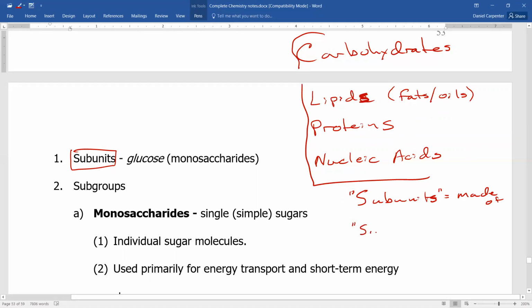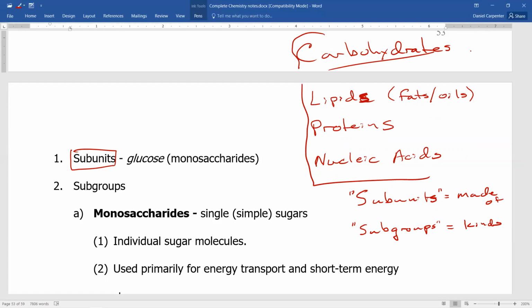And then you've got the subgroups. And the subgroups are different kinds. So carbohydrates, I've got different kinds of carbohydrates. As I mentioned just a minute ago, you've heard of complex carbohydrates.